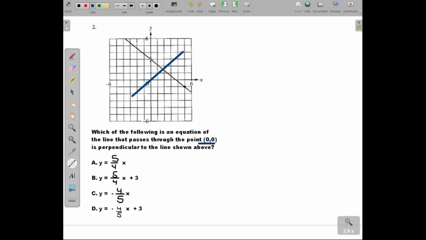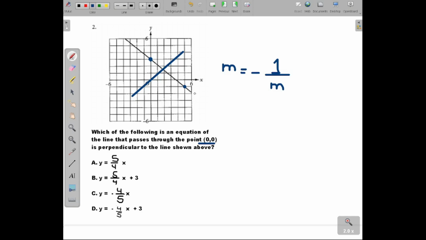We have 2 points here. So if we find the slope of this line, since the 2 lines are perpendicular, that means that we can use it to find the opposite slope. It's equal to negative 1 divided by the other slope.